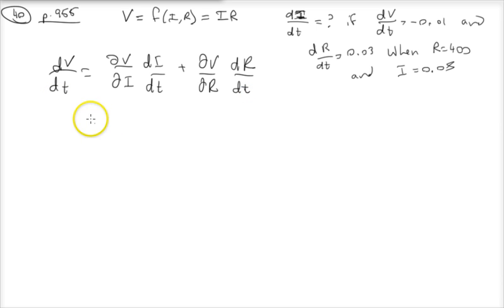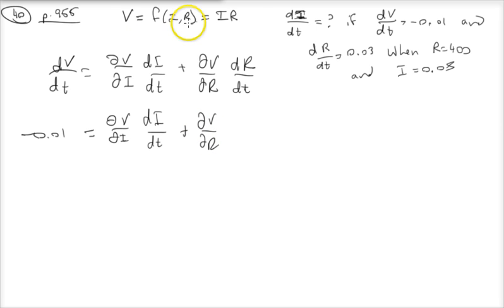Right now we can plug in what we know. dV/dt, we have a value for that: negative 0.01. ∂V/∂I, we don't know yet. dI/dt is what we're looking for, so we're going to keep that here, because we're trying to find how the current changes when voltage and resistance are changing like that. Plus ∂V/∂R, we don't know that yet, but we can calculate it because we have a function of I and R expressed as V. And dR/dt, we have a value for that: 0.03.